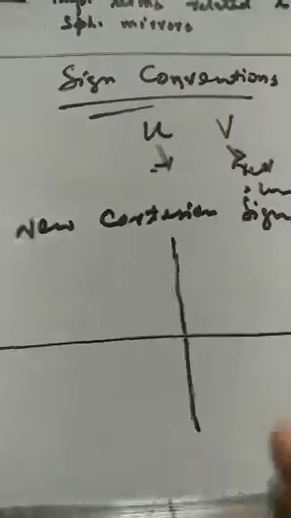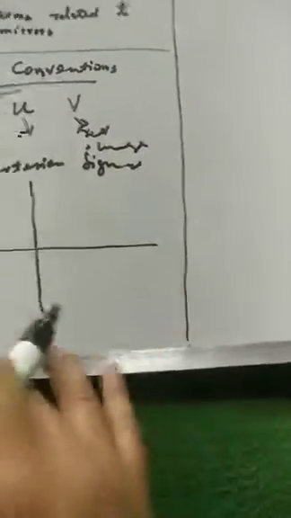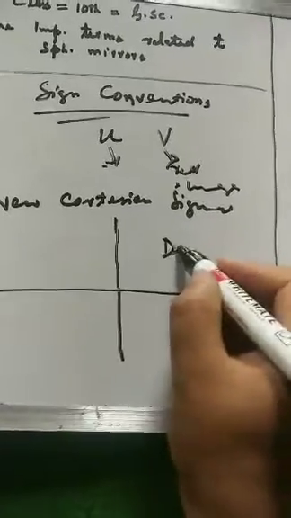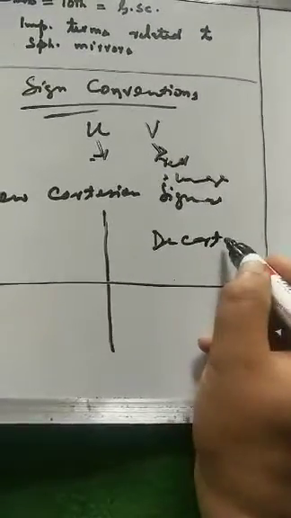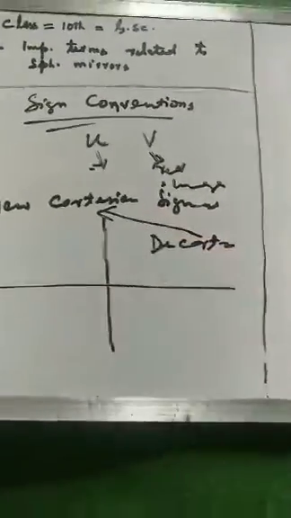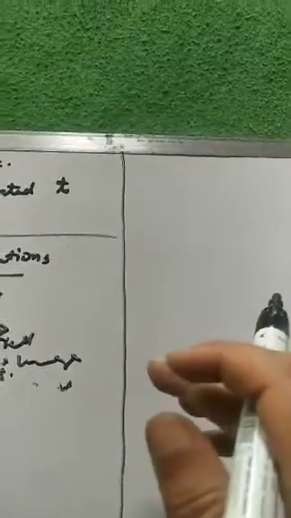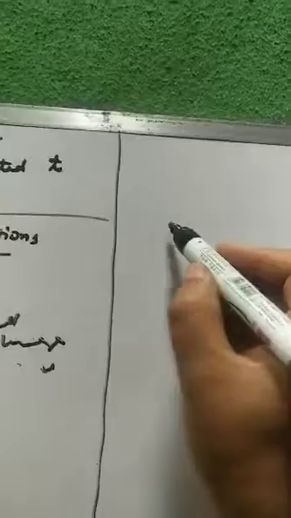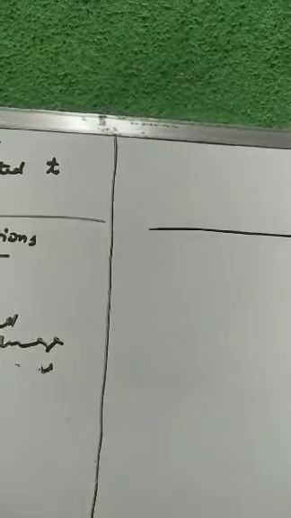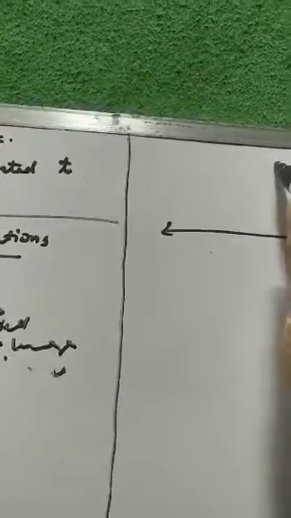This concept was given by Descartes, so that's why it's called the Cartesian system. According to these sign conventions, rectangular coordinate system में जो principal x axis होता है, वो हम यहाँ mirrors के case में principal axis के रूप में लेंगे.